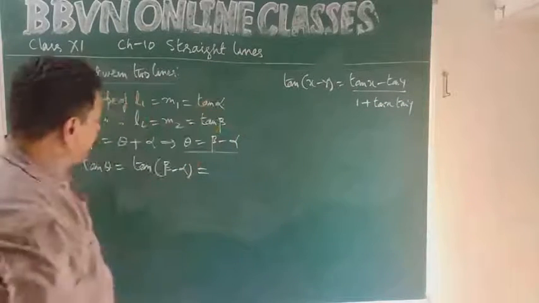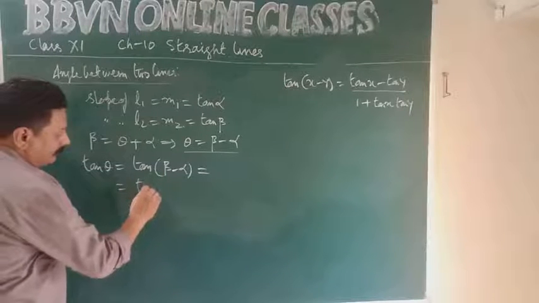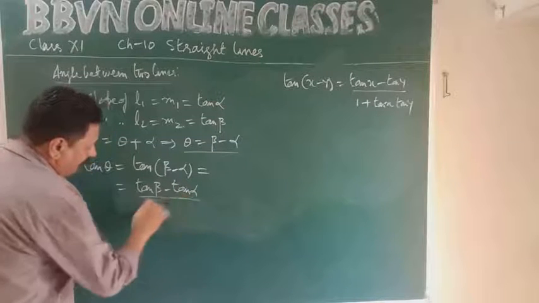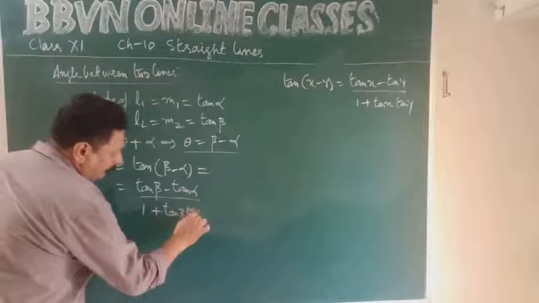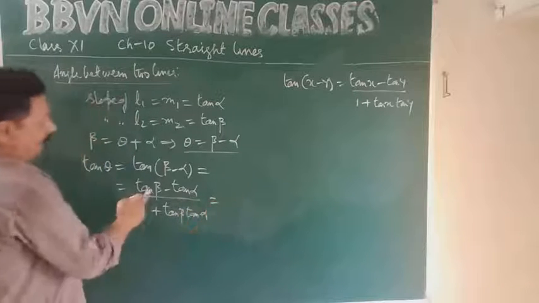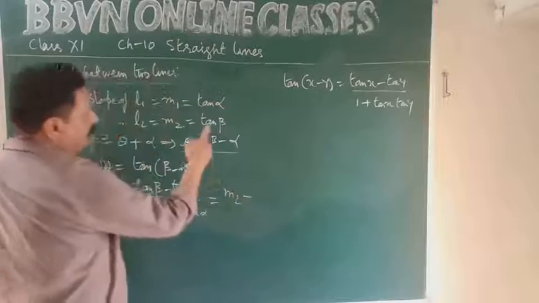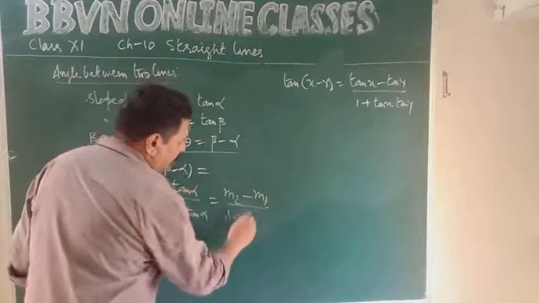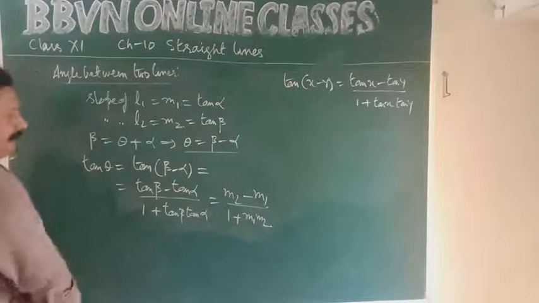So tan of beta minus alpha is tan beta minus tan alpha upon 1 plus tan beta tan alpha. What is tan beta? It is m2. What is tan alpha? It is m1. So tan theta is m2 minus m1 upon 1 plus m1 m2.